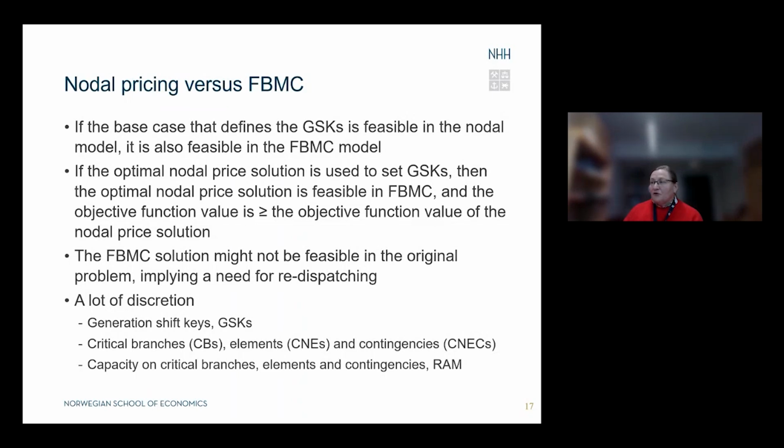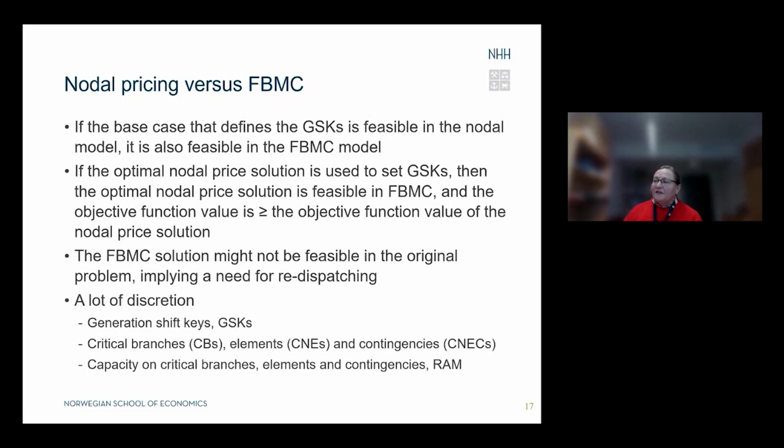And the objective function value must be greater than or equal to the objective function value of the nodal price solution, that is the benchmark. But that also indicates that even in the FBMC model, we can have a lot of infeasibility still. So there might be a need for redispatching also here. And I think my main point is that there is a lot of discretion in this procedure.